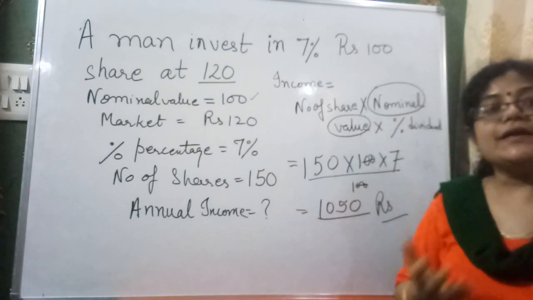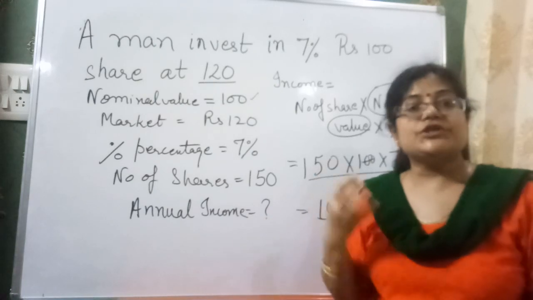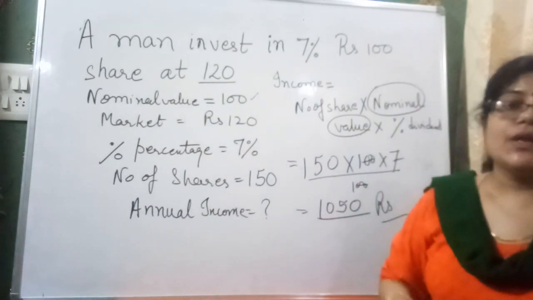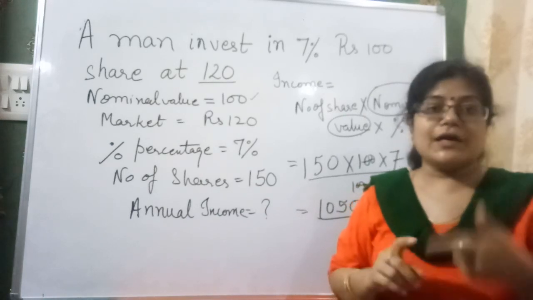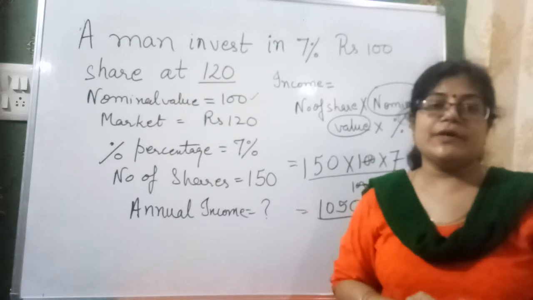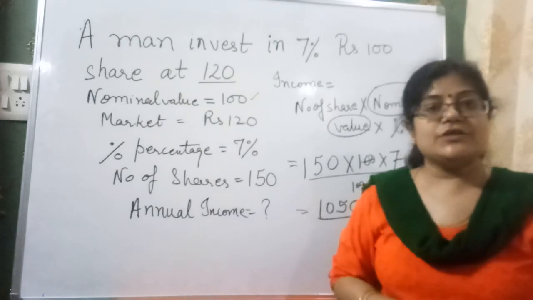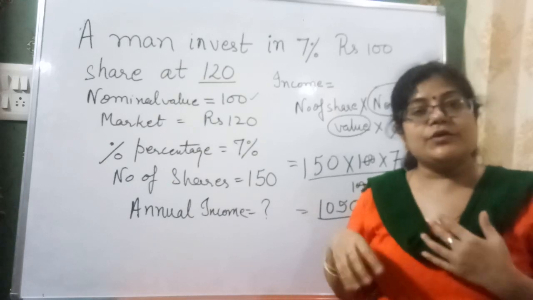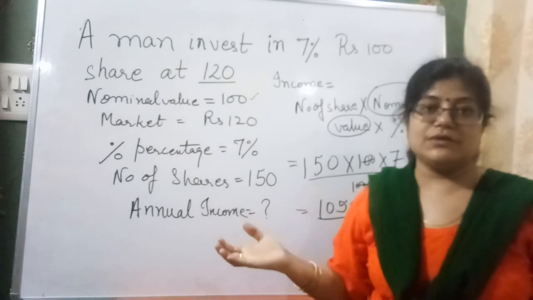How will you find the annual income of a shareholder who holds the share of a company? The person who holds the share of a company gets annual income from the company in the form of dividends, and the percentage of dividends depends upon the percentage announced by the company for the shareholders.